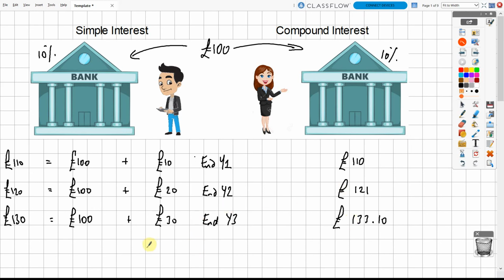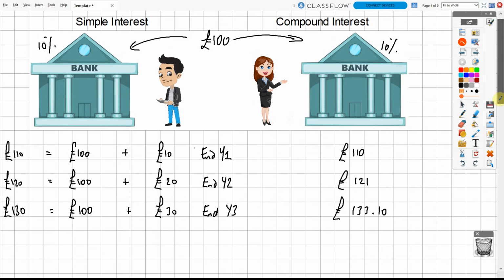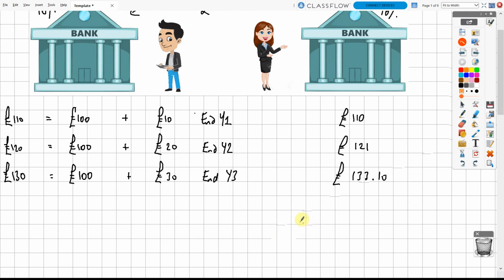Now, the question is, how do we actually set these sums out? In a funny way, the compound interest is actually easier. What we can say is that she starts out with £100, it goes up by 10%. These are percentage multipliers that we've seen previously. It goes up by 10%, and it does that every year.